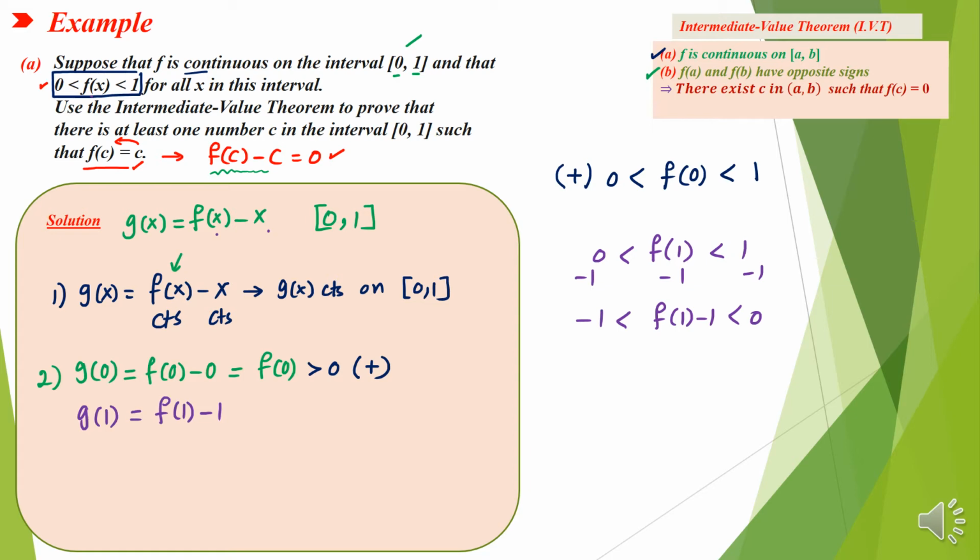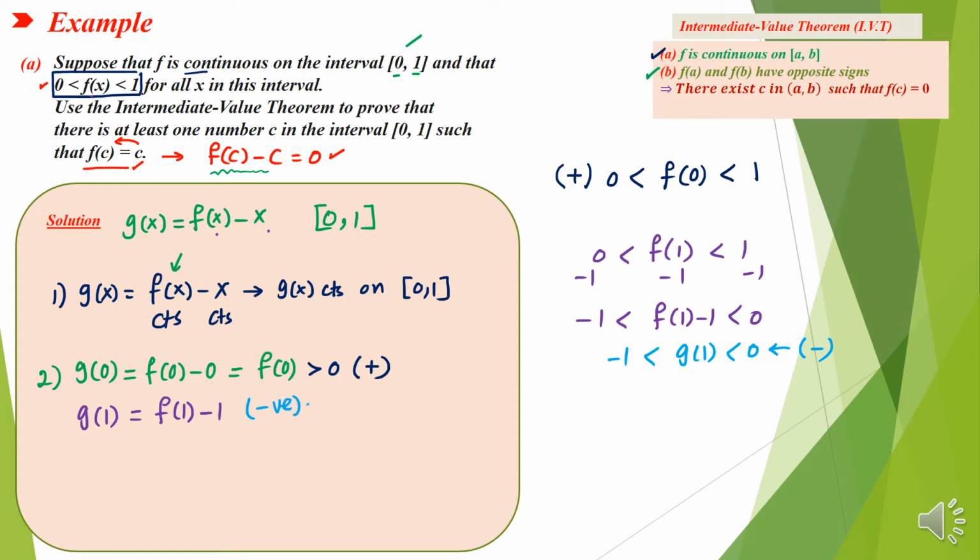And f of 1 minus 1 is g of 1 by the definition of g. So g of 1 is less than 0, which means it is negative.